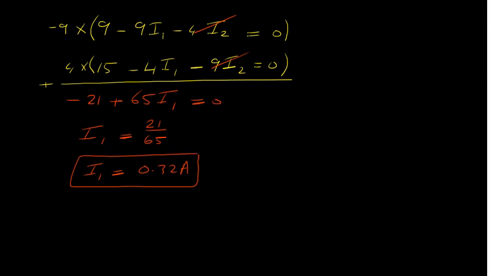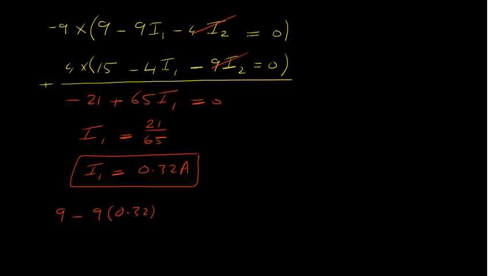Now what I can do is simply take this value of the first current and place it in one of these two equations to help me find out how much the second current is. So I'll pick the top one, which is 9 minus 9 multiplied by 0.32, which is the equation, the single star.